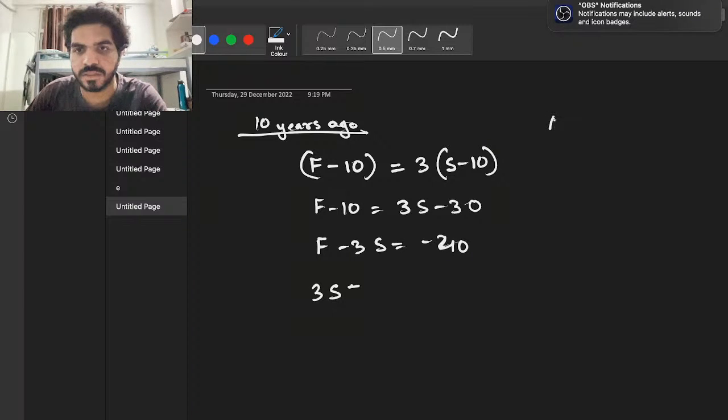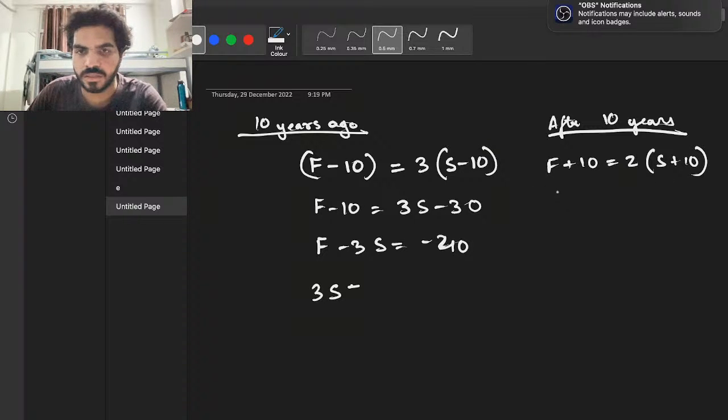After 10 years, F plus 10 will be twice S plus 10. Solving, F plus 10 is equal to 2S plus 20. We have F minus 2S is equal to 10.